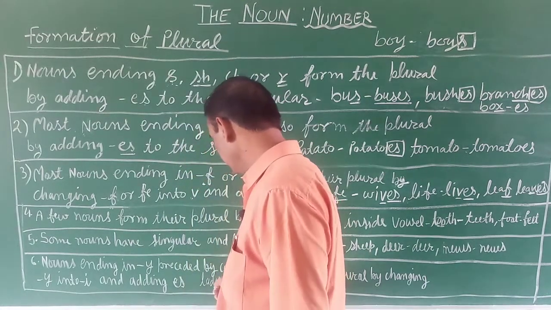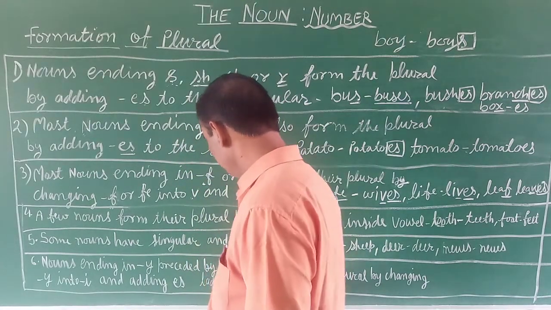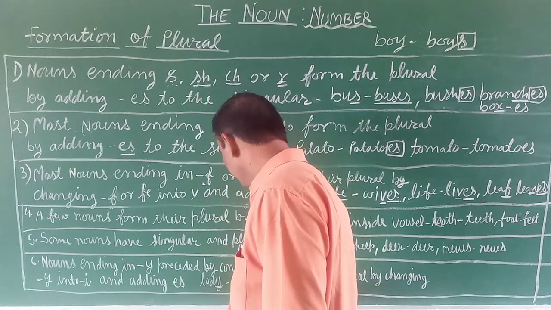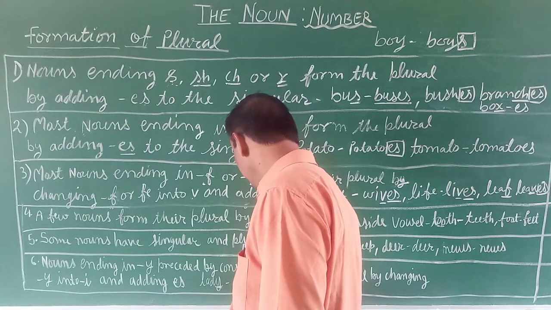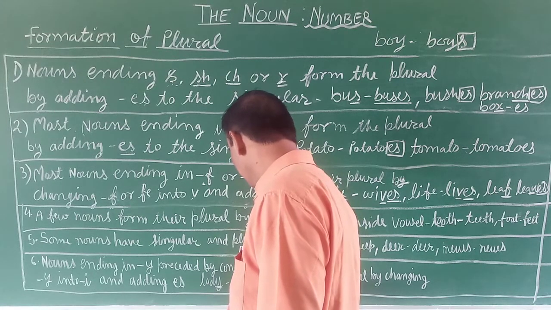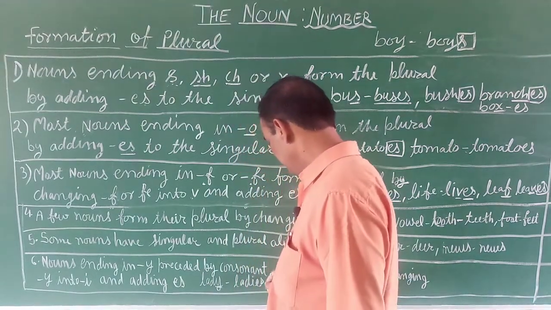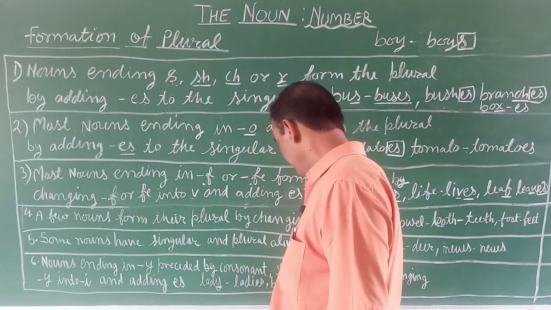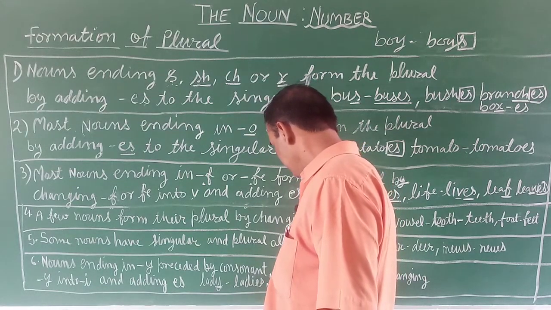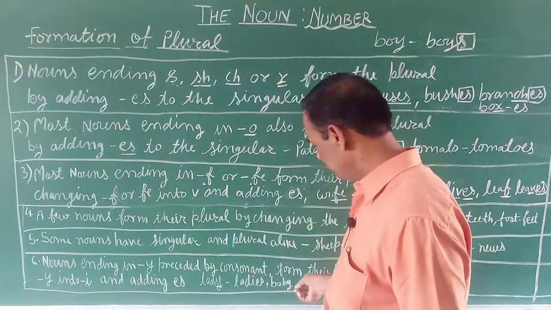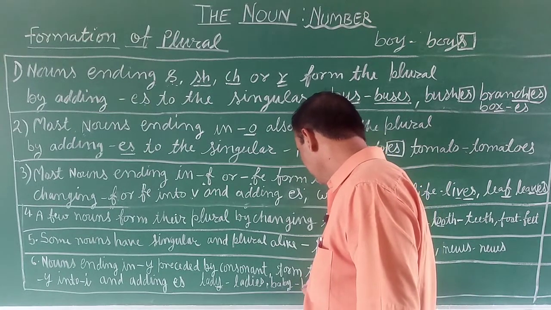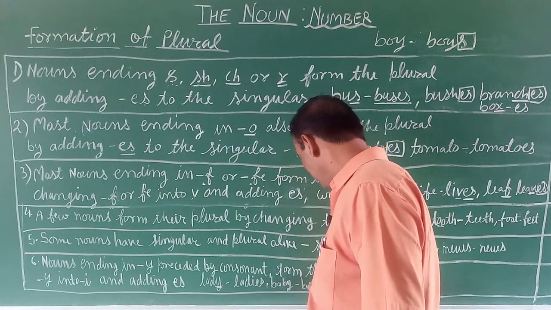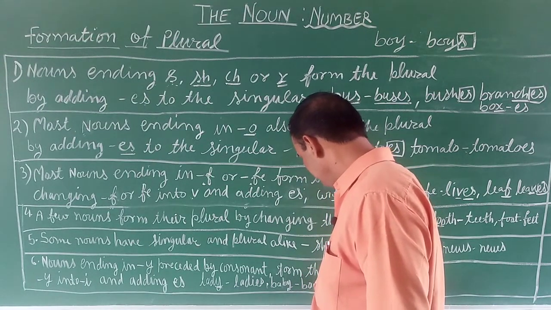The last alphabet is Y, so this Y is removed and I is used, and then we use ES. Baby. In baby, the last alphabet is Y, so this Y is removed and IES is used.